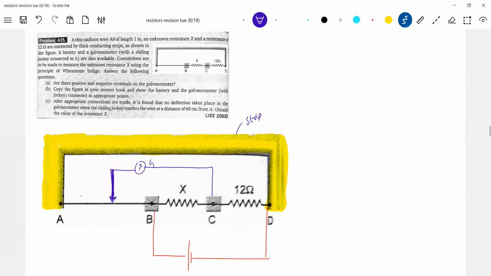Redraw the total circuit. You have to redraw the total. This X is the unknown thing. Here A and D are connected and the galvanometer is there. So A, B, C, D. This wire AB will get split up. So we'll take P, that one.